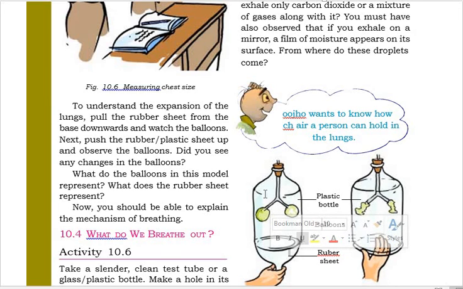This bottle stands for the chest cavity, and this rubber or plastic sheet stands for the diaphragm. This tube stands for the trachea or windpipe, and these two balloons stand for the two lobes of the lungs. When the sheet is pulled downwards, air enters the balloons and they become inflated.